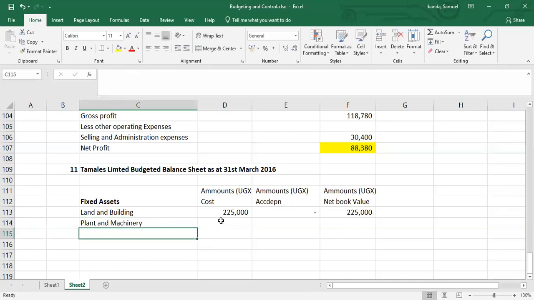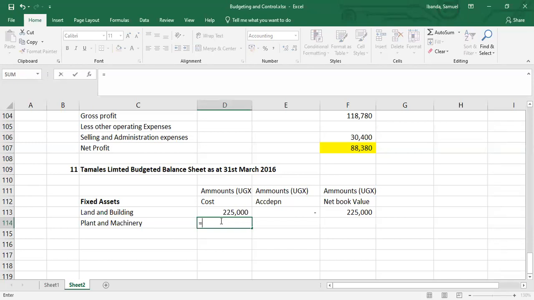So for plant and machinery, remember we started with 187. That is what we started with. Now ours is to find out any addition. Remember they said that a machine costing 20,000 is to be installed on 1st October 2015.